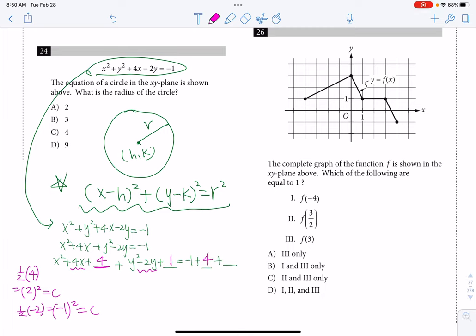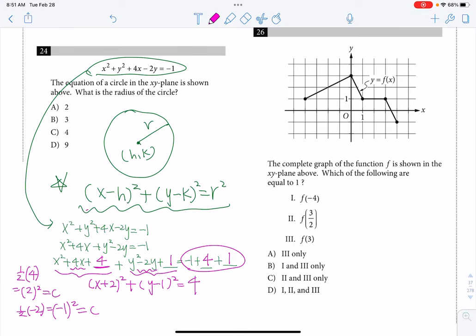Then you have to add 4 and 1 here. If you add the c, then you can change the whole expression into a perfect square as (x plus 2) squared, and this whole thing as (y minus 1) squared, equal to, if you combine, 4.